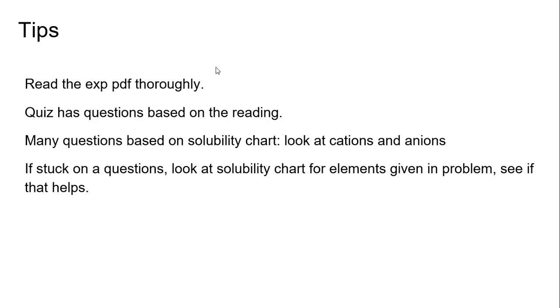If you're stuck on questions, like the one I just read that really doesn't make sense, look at what's given to you and then look at a solubility chart. That's usually going to tell you if something's formed or not, enough to get you to look at the answers that are being presented, because a lot of these are multiple choice, and then you can pick the one that you need. Okay, that's it.